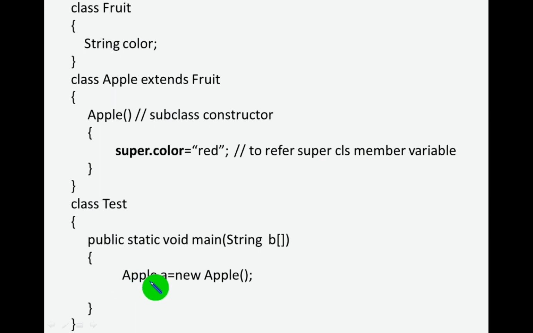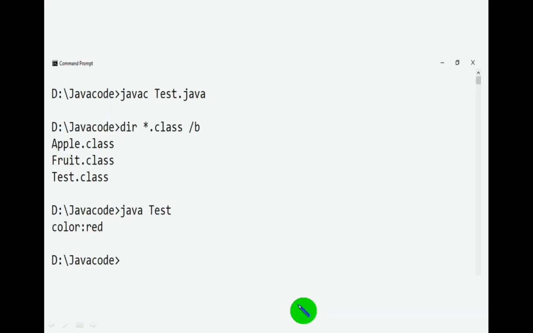Subclass name, object name equal to new keyword, then Apple, the default constructor. Now we are going to display the value by using the System.out.println method. How can you invoke the member variable? With the help of this object a. So a dot color.